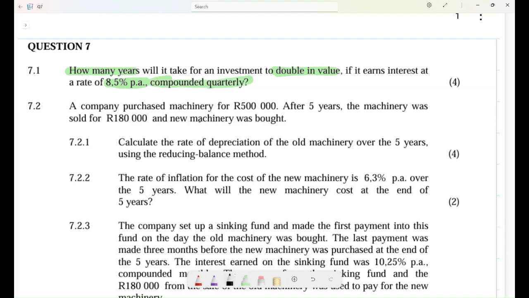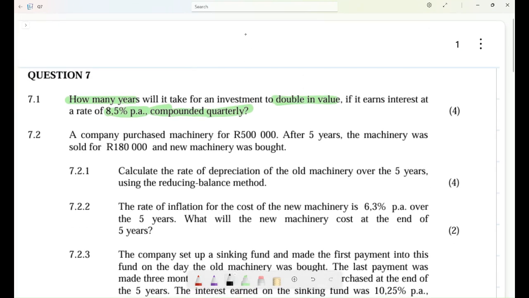So what I like to do when I do finance, I collect my data like this. For finance we have PAIN. What is PAIN? P is the principal amount, or the initial amount that you invest.